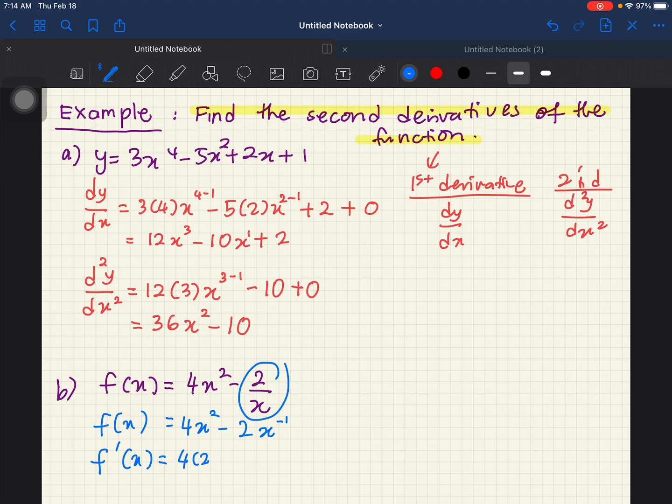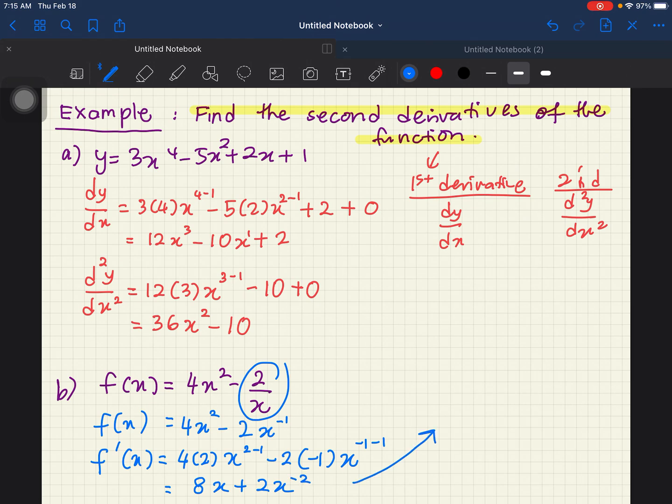So 4 times 2x to the power of 2 minus 1, minus 2 times negative 1, x to the power of negative 1 minus 1. What you get is 4x plus 2x to the power of negative 2.